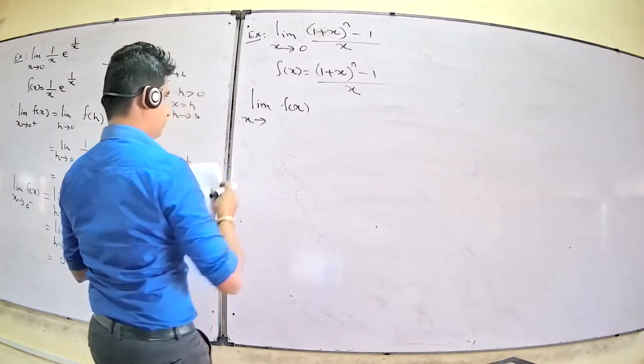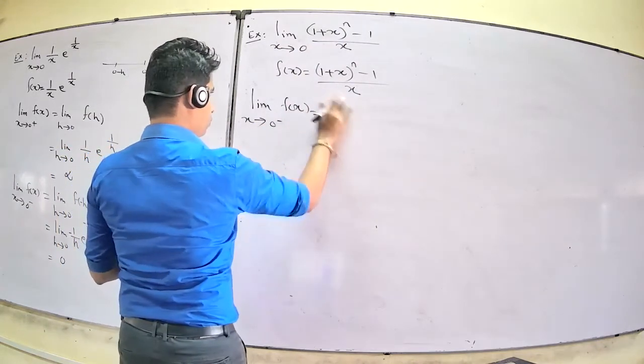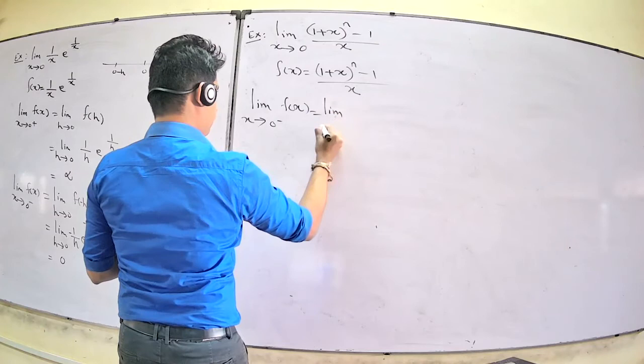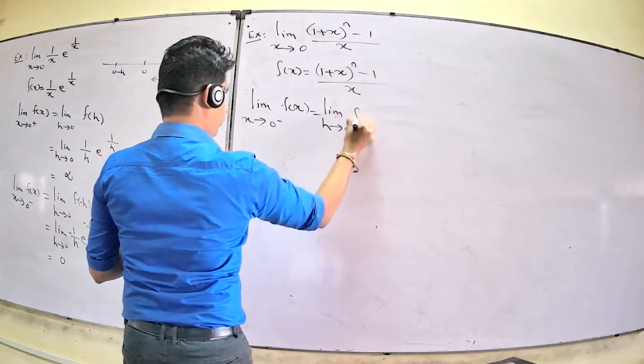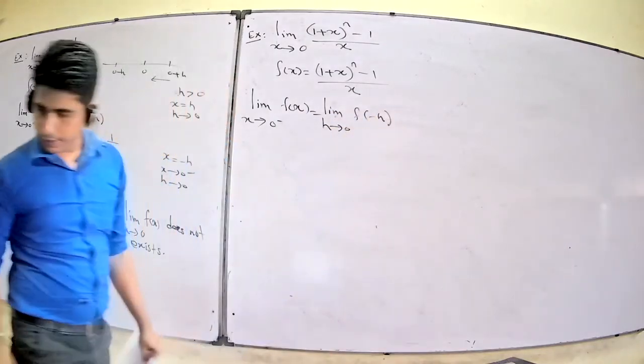Therefore the limit is the limit as h tends to 0 of f of minus h.